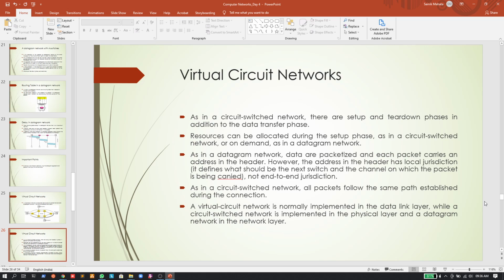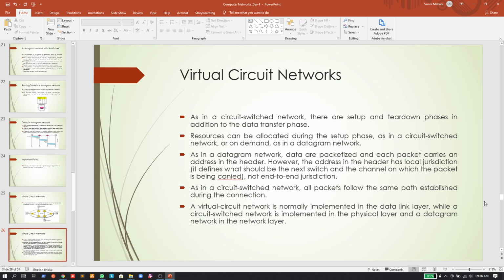If that is the scenario, it is known as a global address. But if I say that a packet has a header and the header contains the address of the next switch, compared to a packet containing the address of the destination, then: if it contains the address of the destination, it is global addressing.